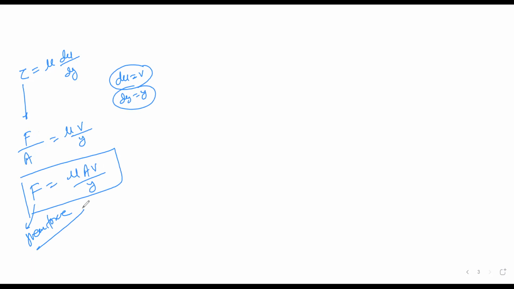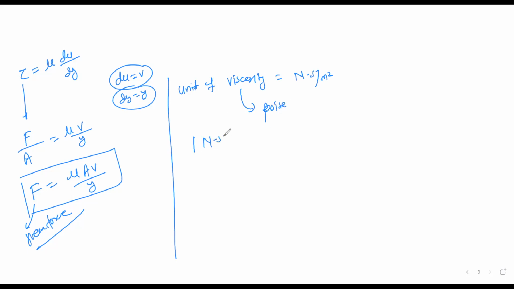Next, we'll see the variation of viscosity with respect to temperature. But before that, the unit of viscosity. The unit of viscosity is Newton second per meter square, and viscosity is also measured in poise. So 1 Newton second per meter square is equal to, remember, 10 poise.